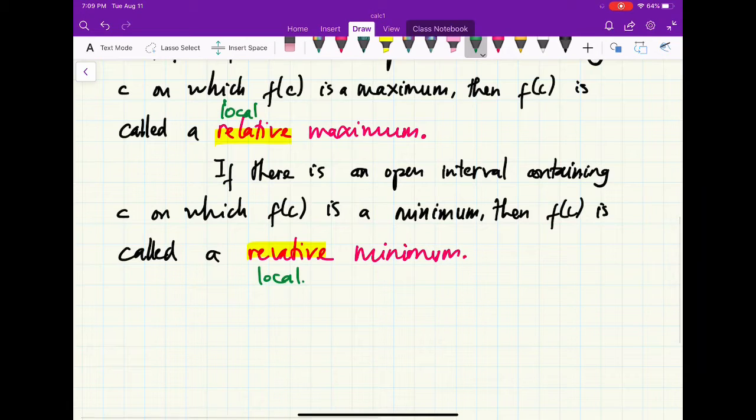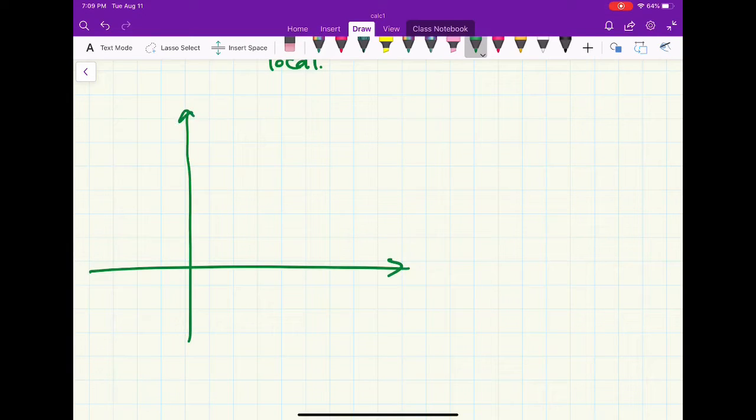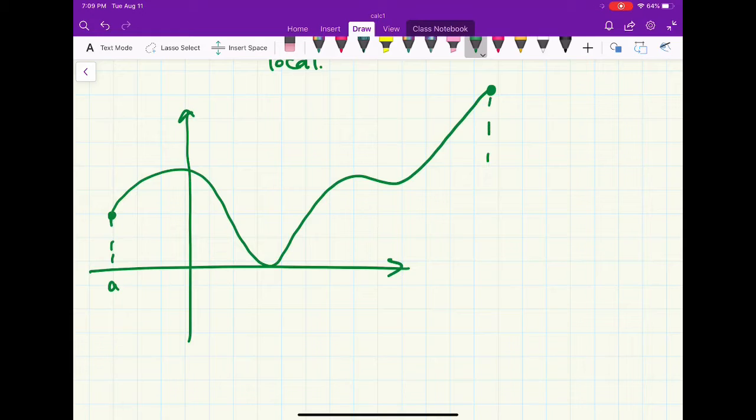So what is the difference between local maximum and minimum and global maximum and minimum? We can consider the following picture. Suppose that we consider the function on [a, b]. This is b and this is x.